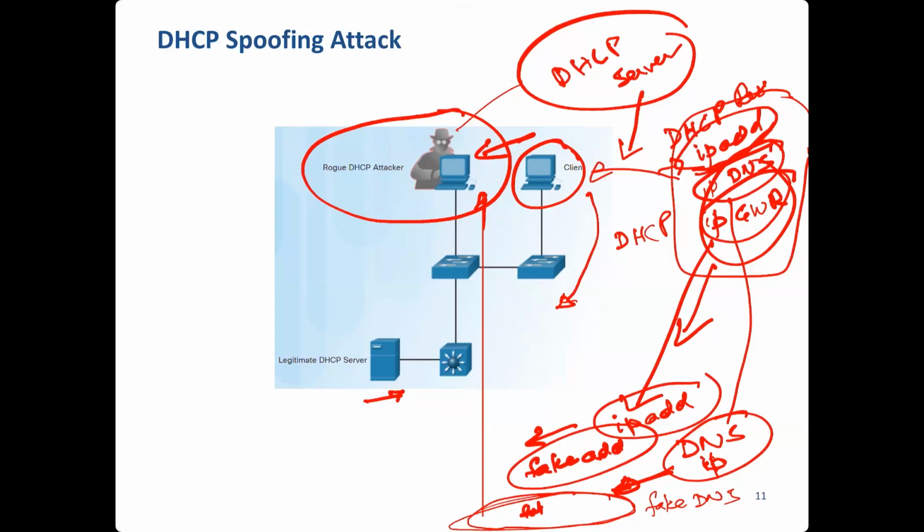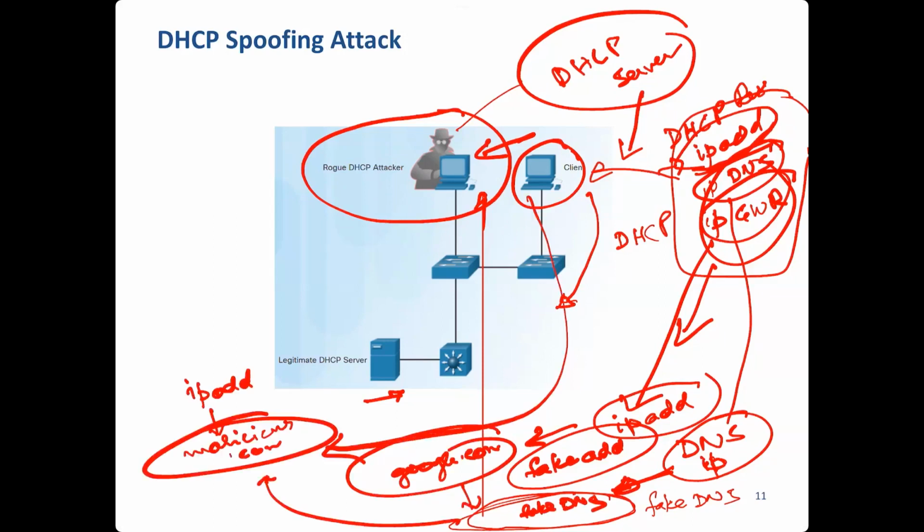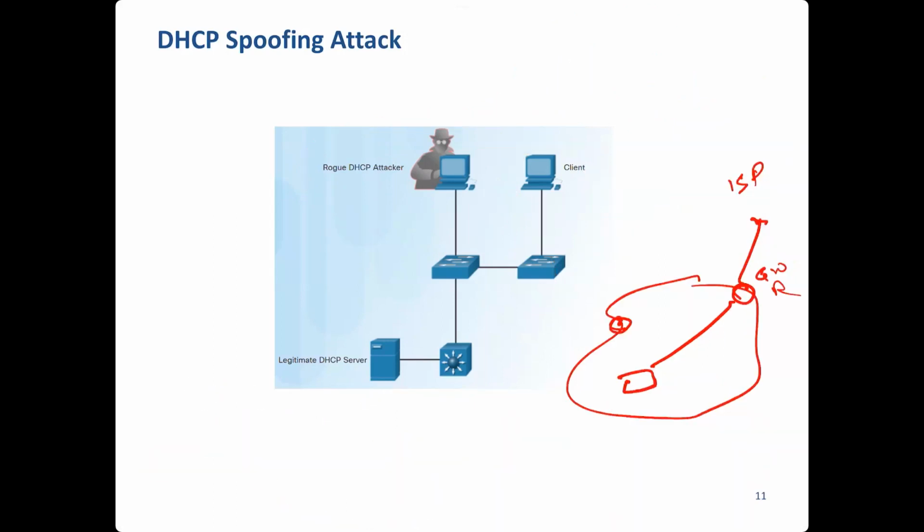So it's a gateway router, right? When a machine is sending a message, it has to send it through this gateway router, so it should know the IP address of this gateway router.